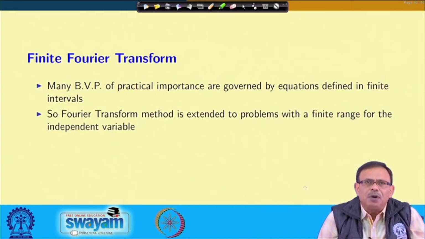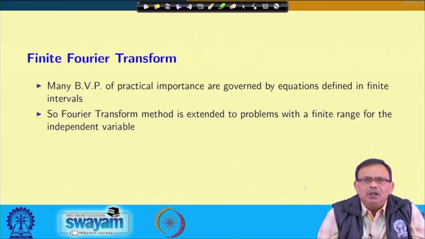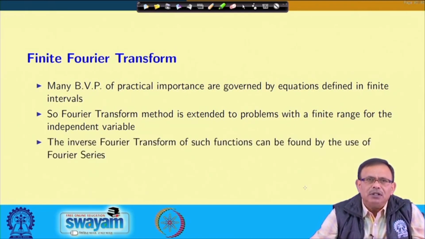So, the Fourier transform method is extended to problems with a finite range for independent variables. Please note this: the Fourier transform method whatever we have done earlier will be extended to problems where the independent variable lies in a finite range.